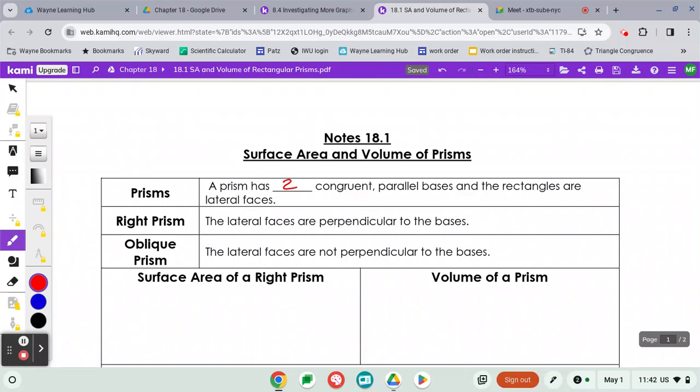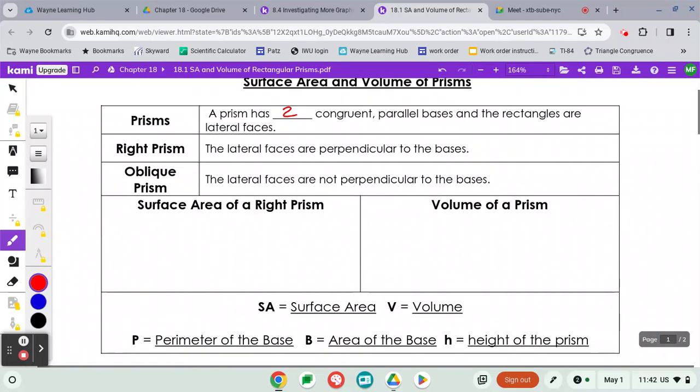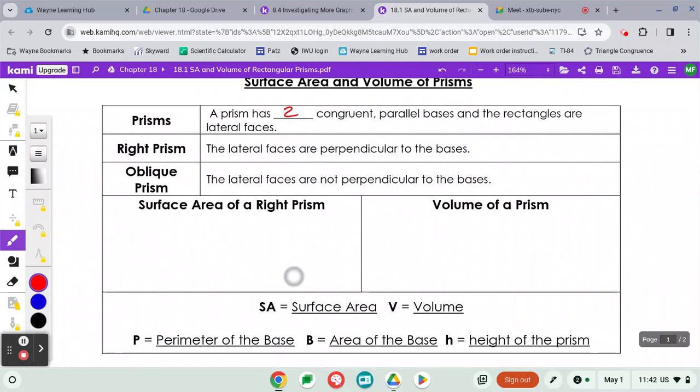And these 2 bases, we have the area of those. So for the surface area of our prism, and this one's called a right prism because there are right angles, I'm going to put SA for surface area equals 2B. B stands for the area of the base. That takes care of these 2 parts.